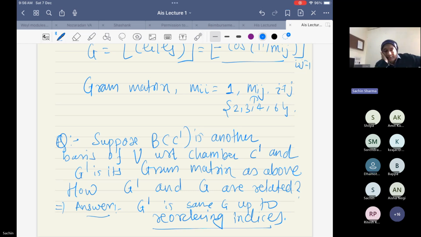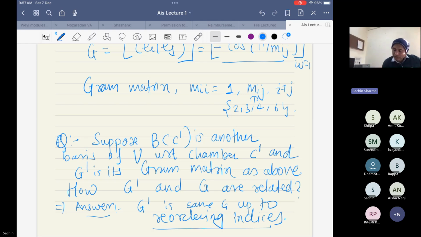No, you see, you have some permutation map on alpha 1, alpha 2, ..., alpha L, that is, alpha sigma 1, alpha sigma 2, and so on. So G dash is nothing but the entries with sigma i and sigma j.